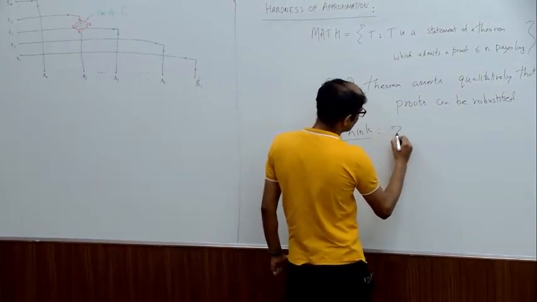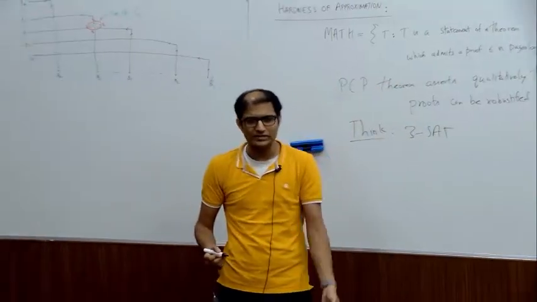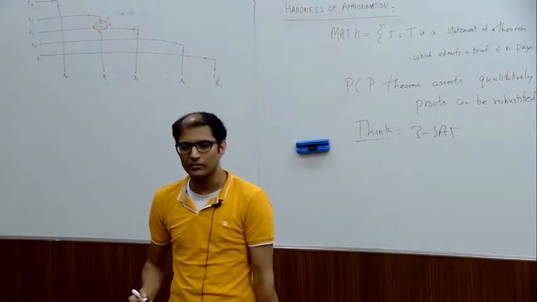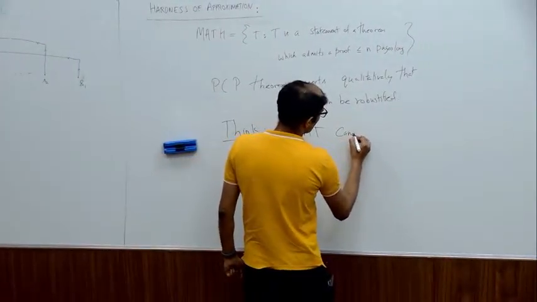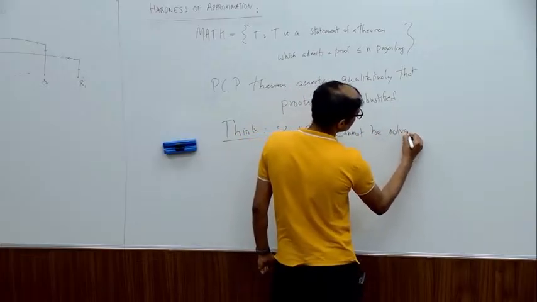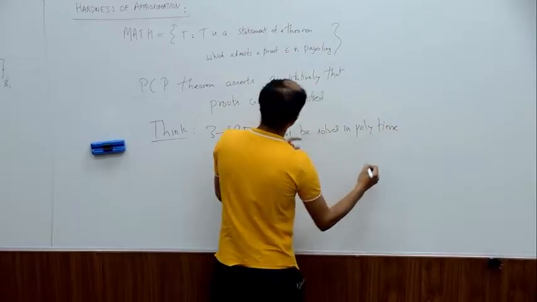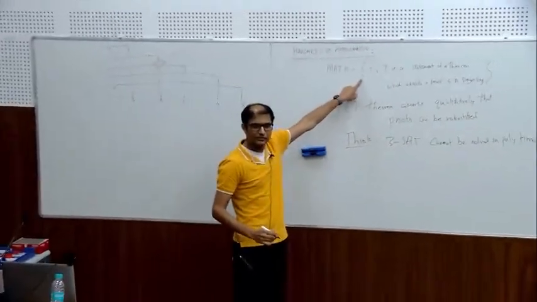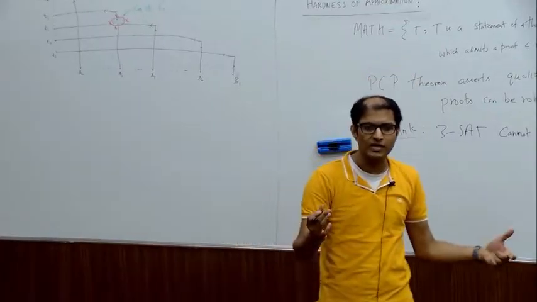This should again be a shocker, but maybe not such a big shocker if I tell you to think that the problem 3-SAT, I'm going to make an assertion about it. 3-SAT cannot be solved in polynomial time. This statement, 3-SAT cannot be solved in polynomial time, it's a member of the class MATH. It's a mathematical statement, a well-formed mathematical statement.